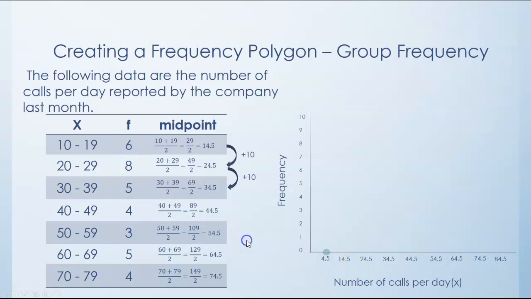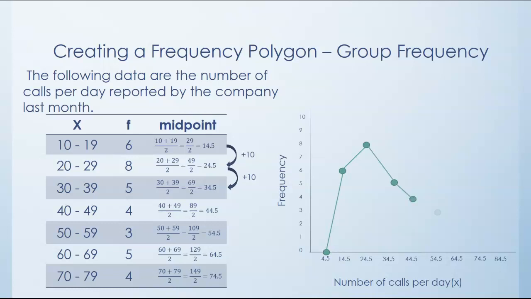Remember, grounding it means that I'm going to put a dot at 0 and 4.5. Next, we're going to put a dot at 6 and 14.5 and draw my line. The next frequency for class 2 is 8, and that's for the 24.5. Again, drawing my line. My next frequency for 34.5 was 5. For 44.5, it was 4.